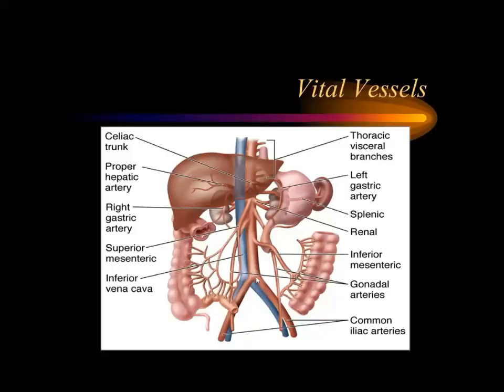This portion right here is called the bifurcation, and that's the belly button. Okay, so a couple things with this. Of course, if patients are complaining of abdominal pain around the umbilicus, elderly patients, think AAAs, or abdominal aortic aneurysms.